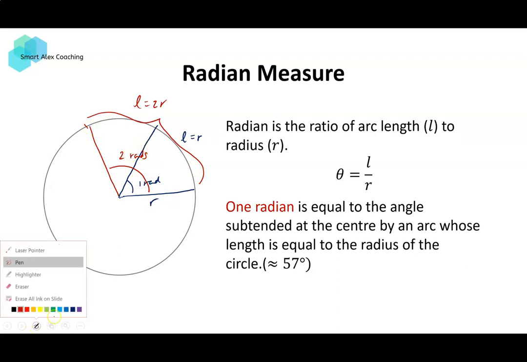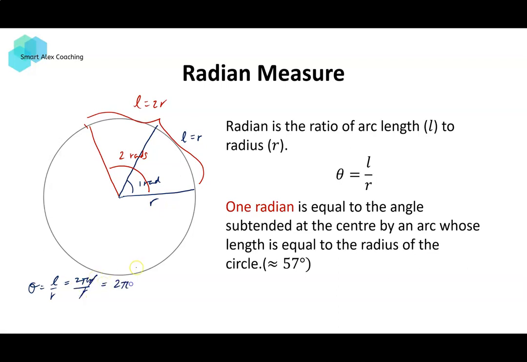So extending this idea further, what is 1 revolution in radians? Theta is equal to L on R, but a full revolution would correspond to the entire circumference of the circle, which is 2 pi r over r. The r's cancel, which results in 2 pi.